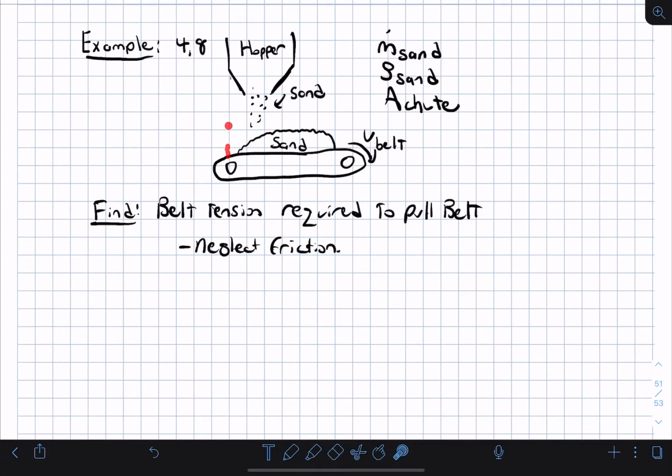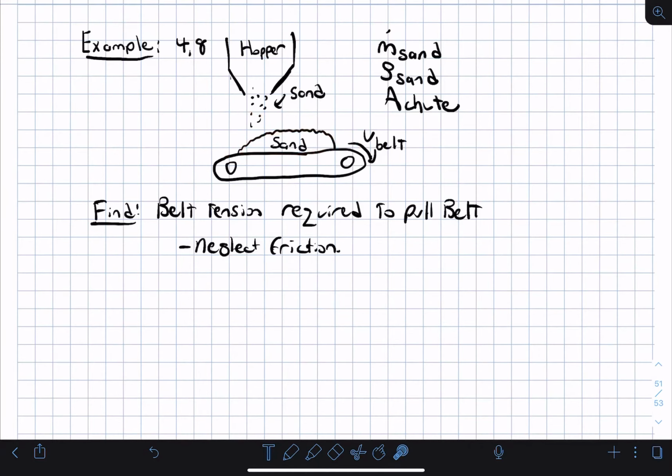Okay, so we're going to choose a very long control volume that contains the sand, so that both of the vertical sides of our control volume do not have any sand in it. So essentially, as time goes on, there will be more and more sand inside of this control volume.